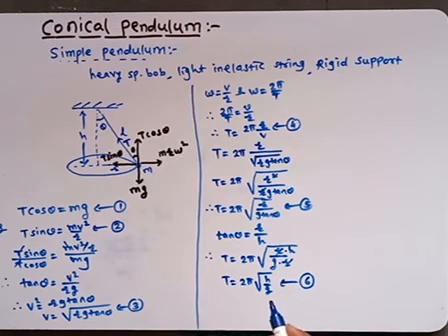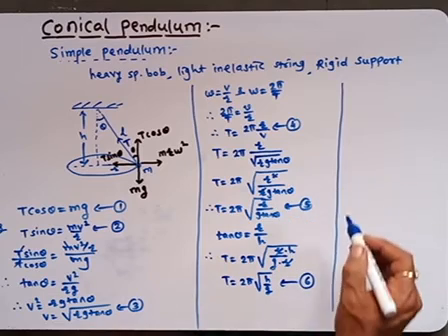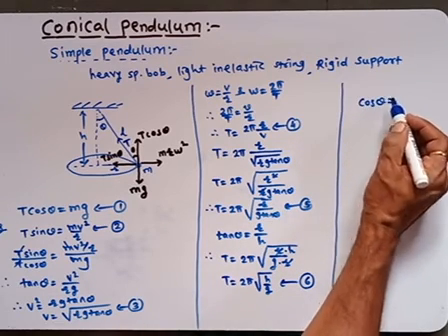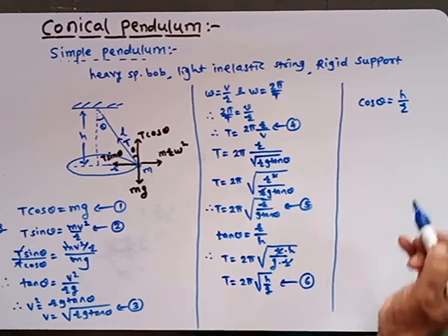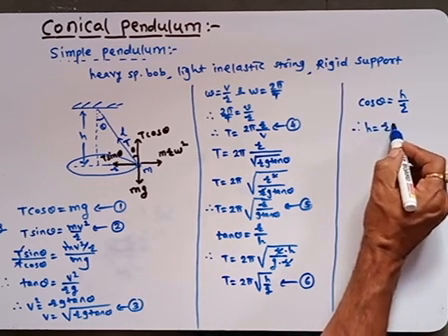Now from the figure, see here, cos theta is equal to h upon l, and therefore h is equal to l cos theta.